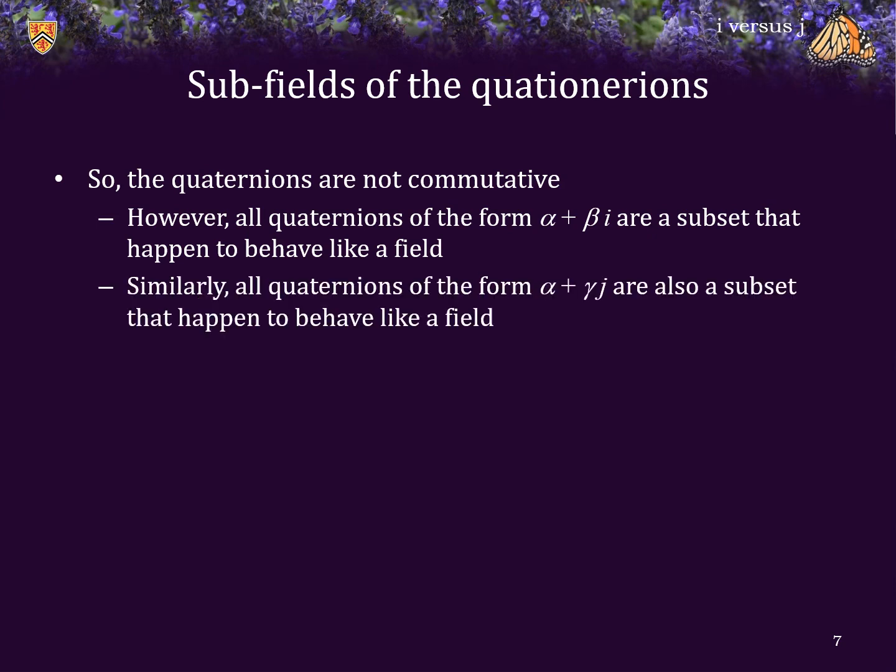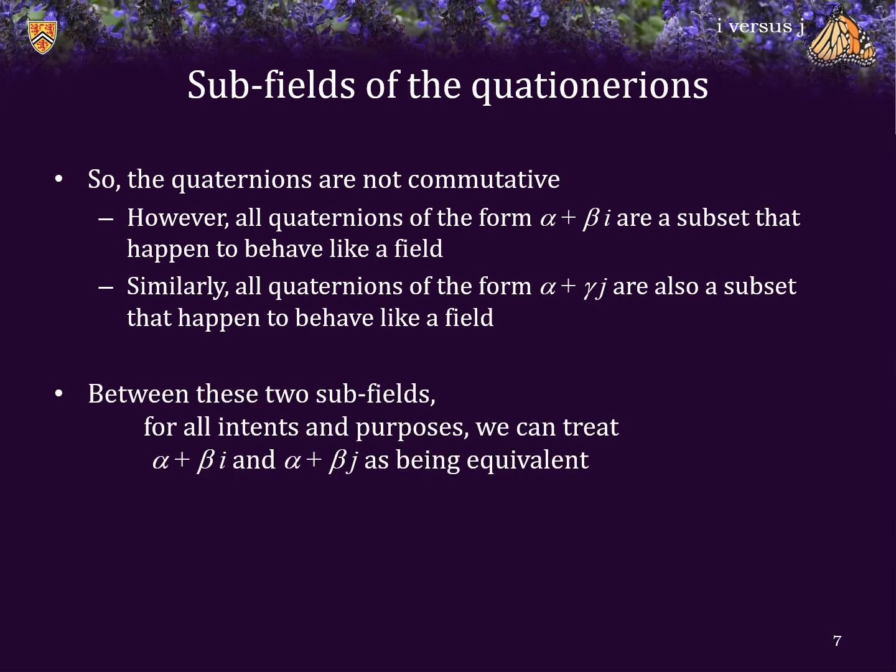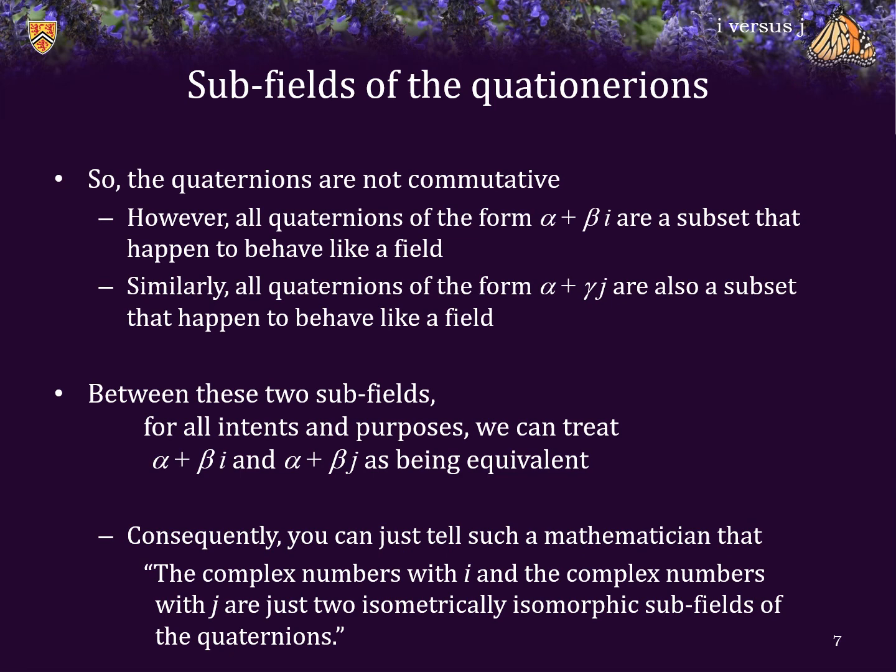Similarly, if we take all quaternions of the form alpha plus 0 times i plus gamma times j plus 0 times k, this is a second subset that also behaves just like a field. Between these two subfields, they are, for all intents and purposes, equivalent. In fact, they're more than equivalent.